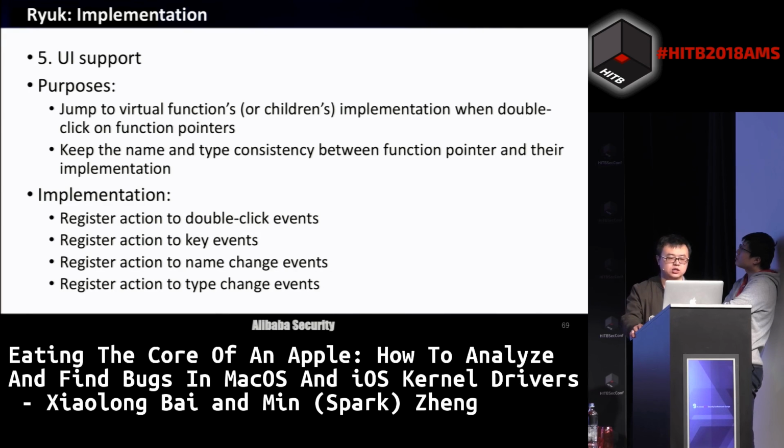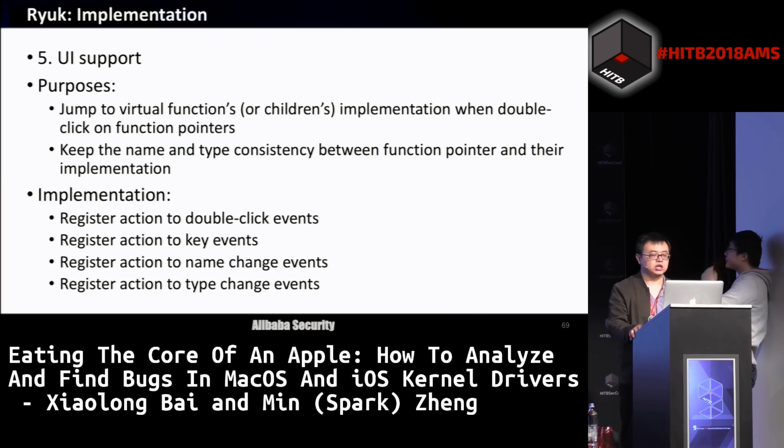For example, if you double click on a function pointer, we know which function you are double clicking on, and we can just open a new window to show you the code of the virtual function implementation.